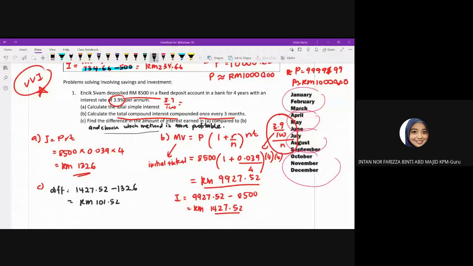Thank you, Farisha. So you have to write: compound interest is more profitable, as it offers interest of RM 1427.